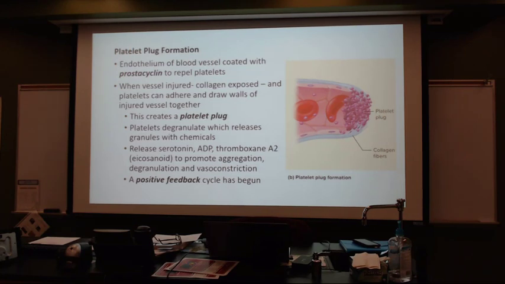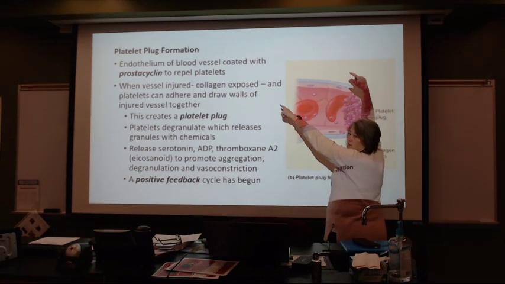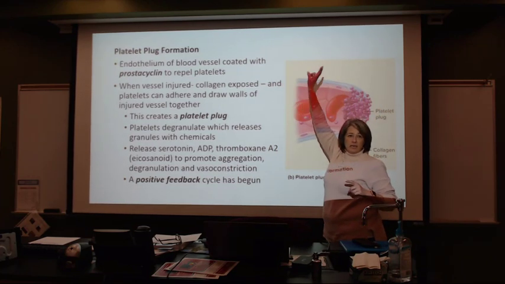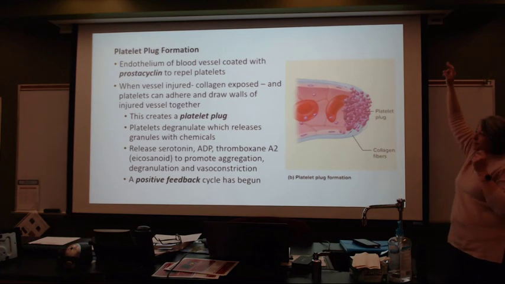And that mesh will capture these cell pieces, fragments, platelets, okay? It'll begin to capture them because these fibers, do you guys remember collagen? Okay, and then we have reticular and elastic for the other fibers in the body.